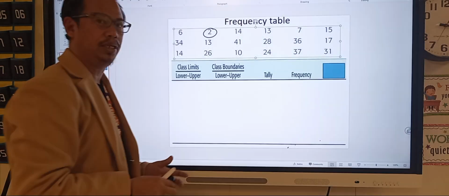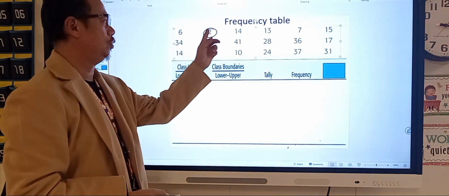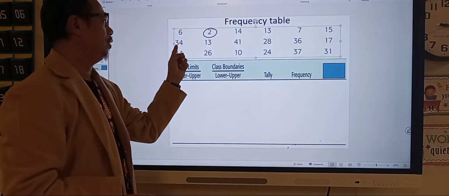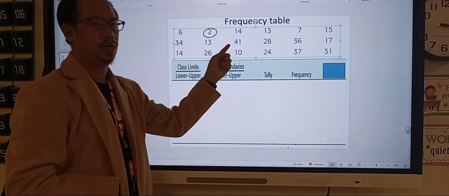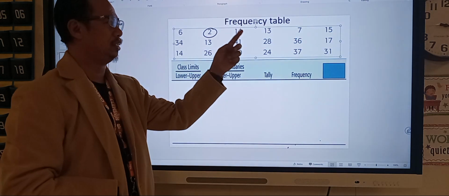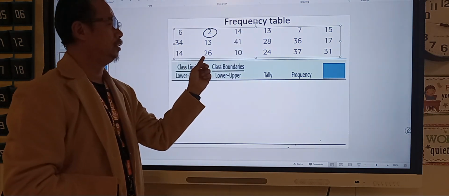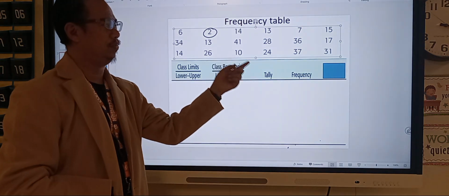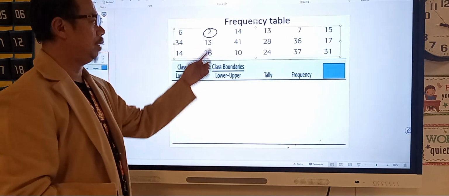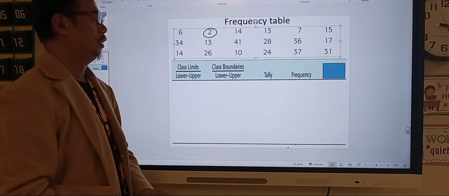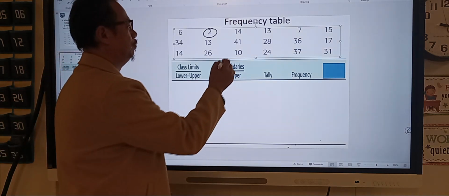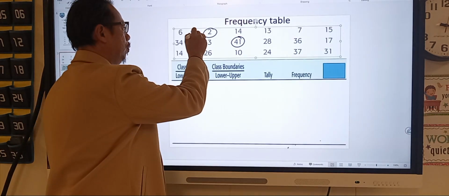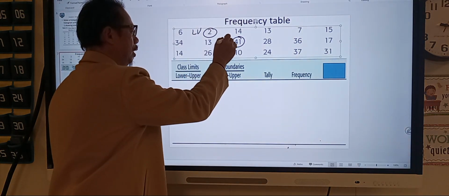By the way, our values are 6, 2, 14, 13, 7, 15, 34, 13, 41, 28, 36, 17, 14, 26, 10, 24, 37, 31. So the lowest value is 2. Then the highest value here is 41. So this is our lowest value, and this is our highest value.